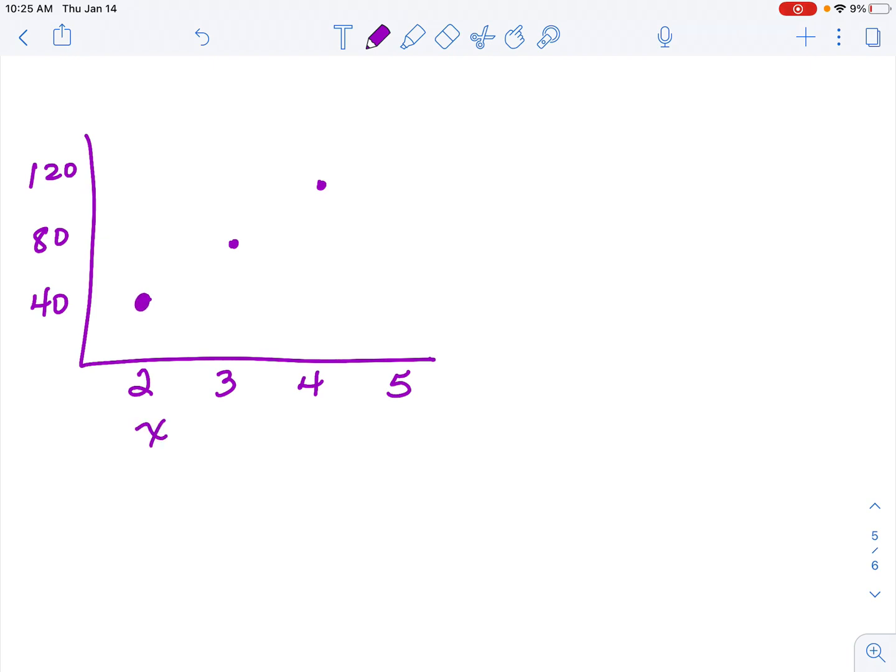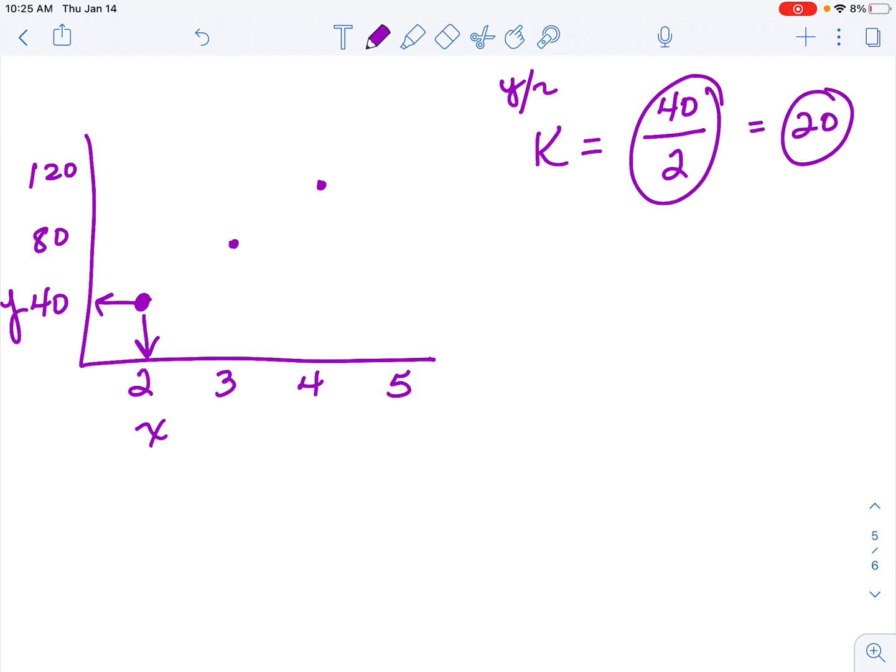Remember, these are your x's and these are your y's. So when you want to find k, it's going to be y over x. Well, I don't want to write x, do I? It's going to be 40 over 2. Or again, you could say 40 divided by 2, and that's 20. Either one of these answers is correct.